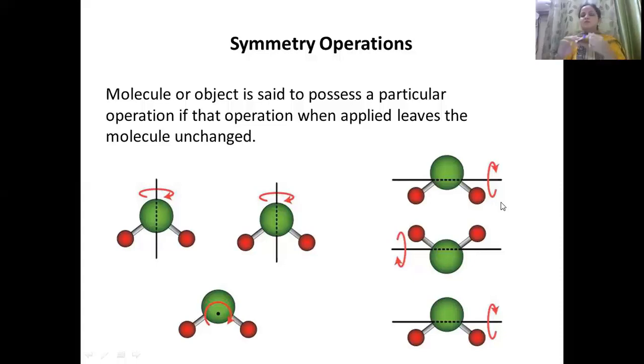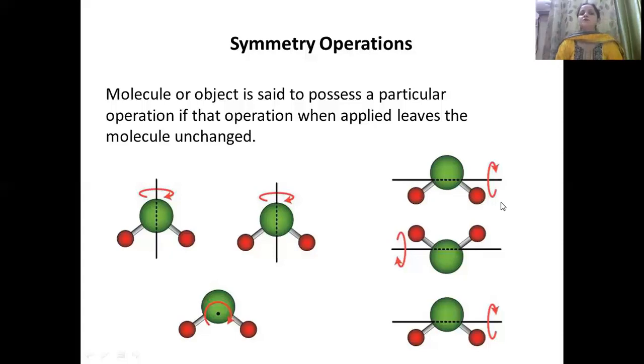So if the axis is from here and you have rotated the molecule through 180 degrees, there is a change in the molecule. This means this particular rotation axis is not present in the molecule. Another 180 degrees, and now I am going to get back the original. So this water molecule has a C2 axis from here, not from here.